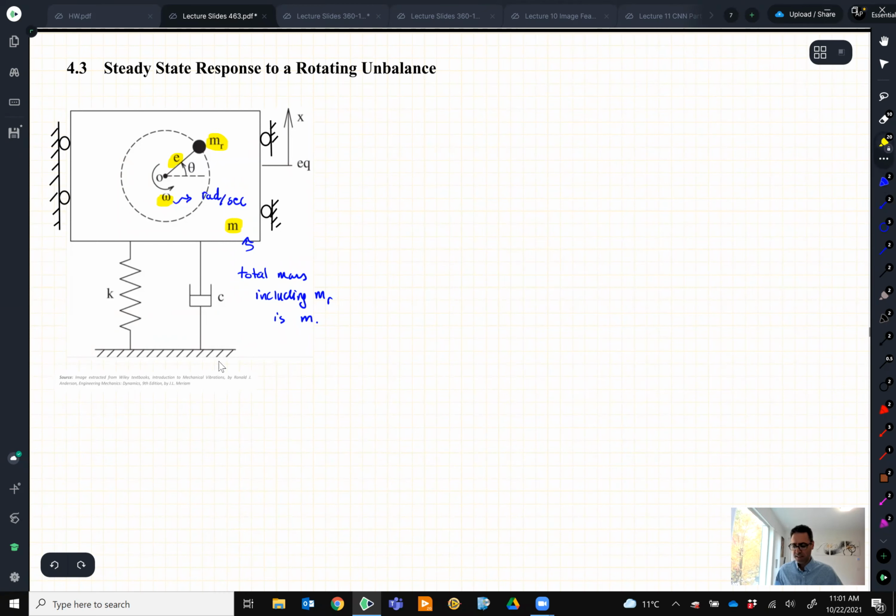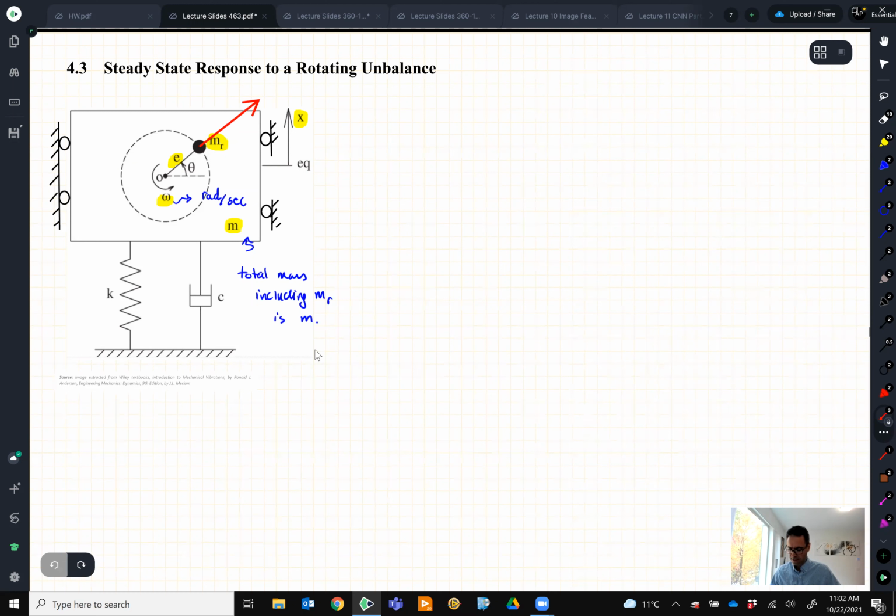The base is fixed to the ground, all right? And we selected this X to be our coordinate, the absolute coordinate, as an observer attached to the ground. In this system, as we had before, because of this MR, we have this centrifugal force.